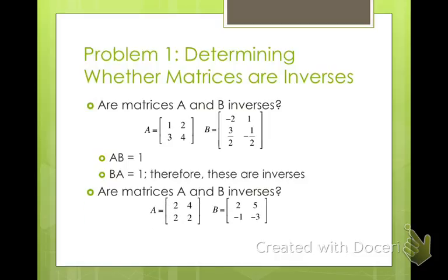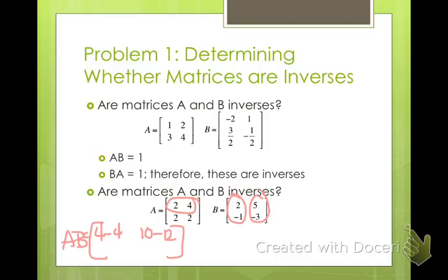Okay, so let's try these really quick. Let's see if these are multiplicative inverses. Okay, so we need to find AB. So we take this one times this one. 2 times 2 is 4. 4 times -1 is -4. 2 times 5 is 10. 4 times -3 is -12.